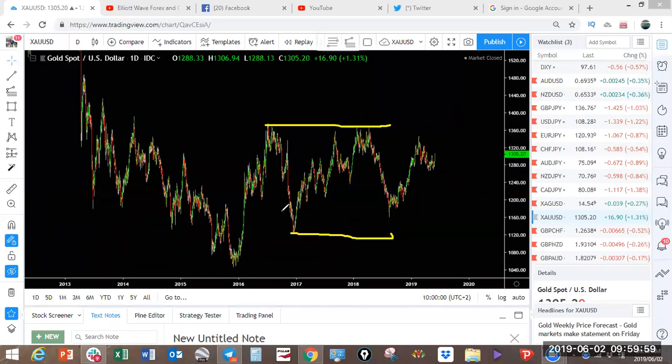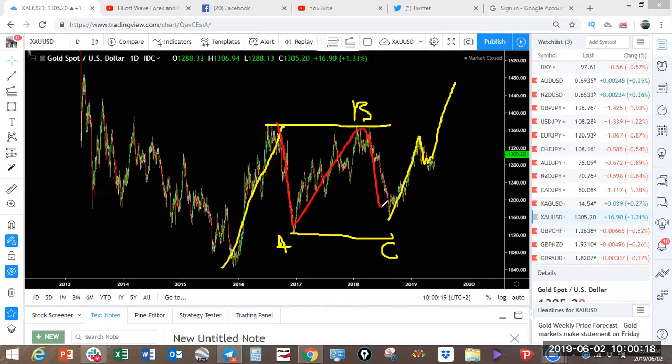A regular flat just says if this is an A, B, C, your C ends around the area of wave A. It does miss it by a couple of points, but it is still around the same area. So you can make a case for a regular flat and expect this one to push higher to make this structure one, and then this one here, a regular flat in the middle. Let's look at both possibilities. Either way, you're looking for first upside up until the top boundary of the triangle on gold.